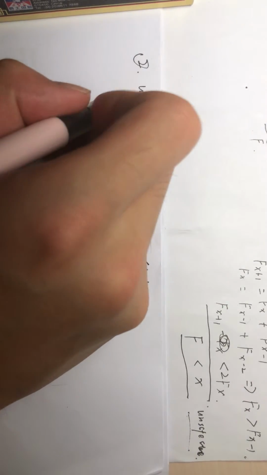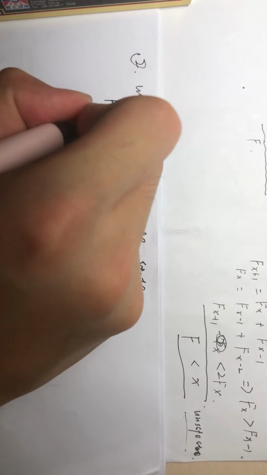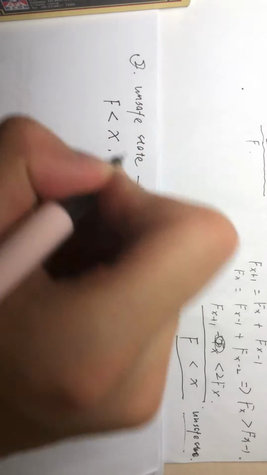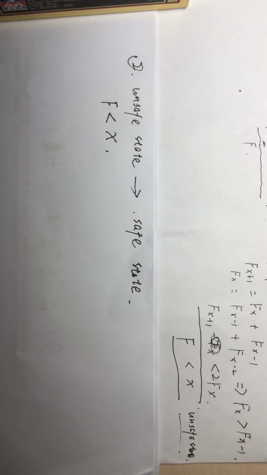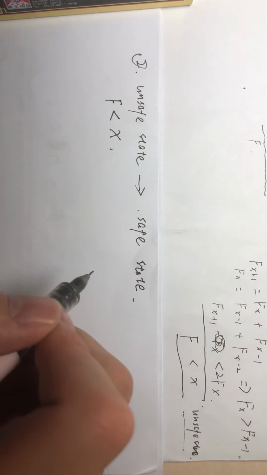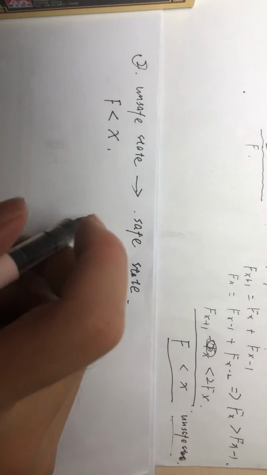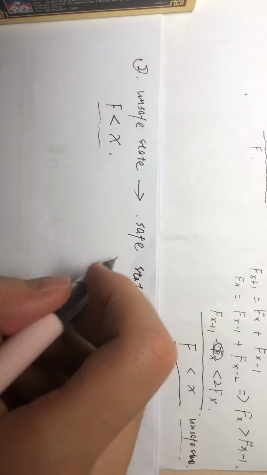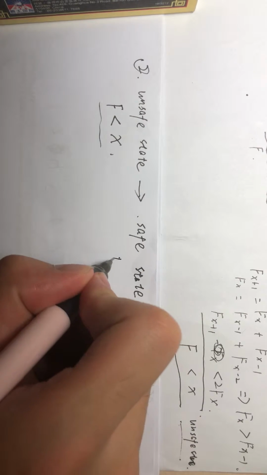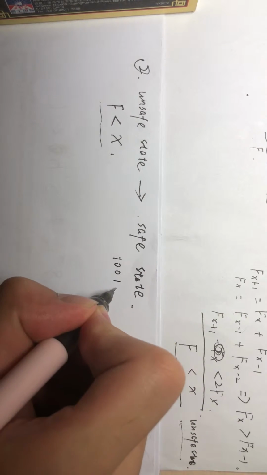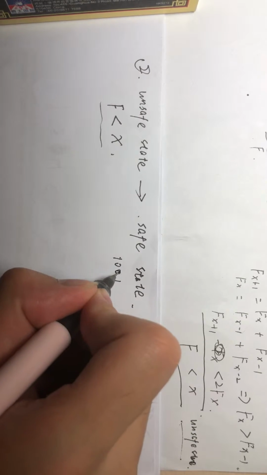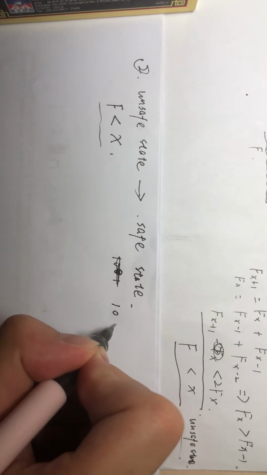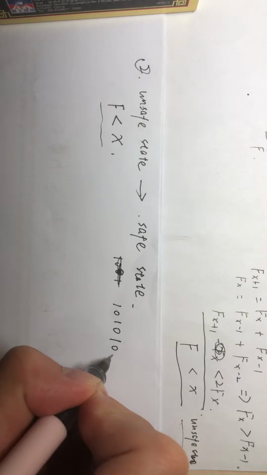An unsafe state is that f is smaller than x. So for example, 1 0 1 0 1 0 0 0.